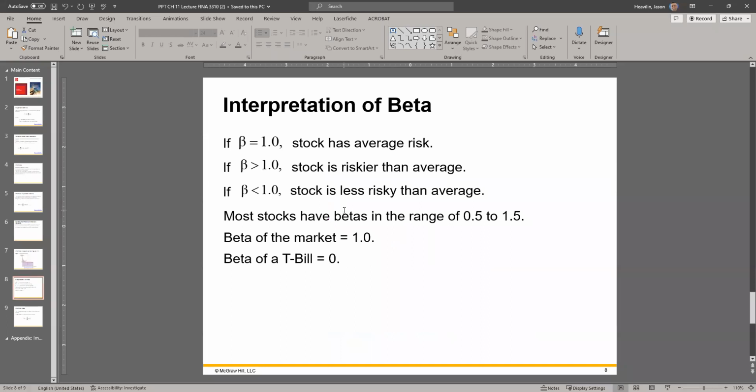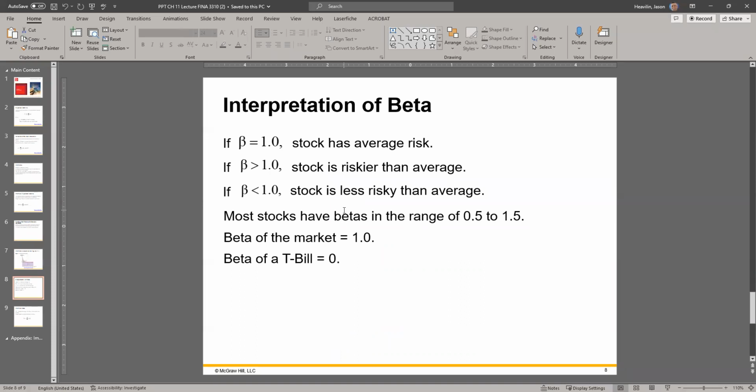Beta. Beta is another form of risk measurement. It takes into account the relationship with the market of an asset. So we typically say that if you have a beta of 1, the stock has the average risk in the market.